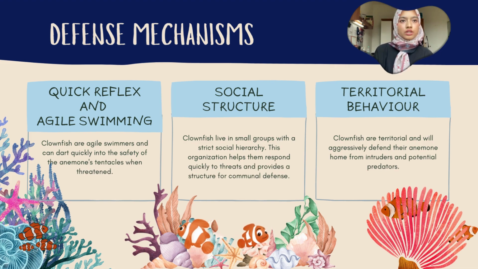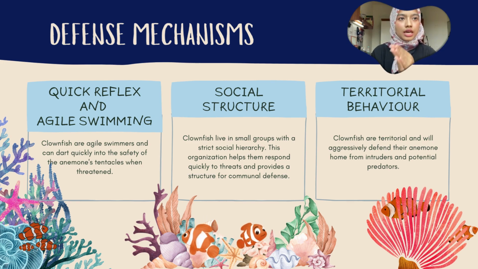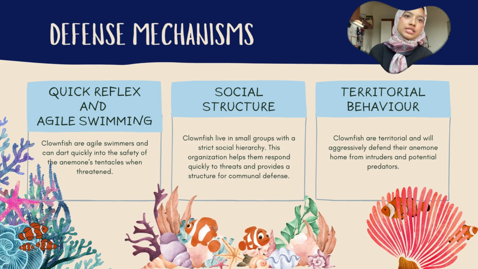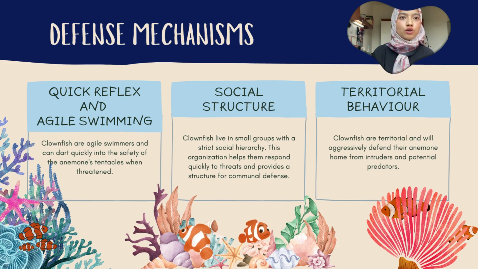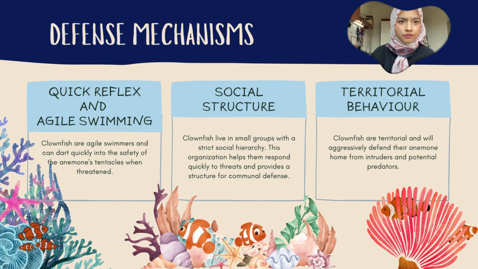The social structure of clownfish is living in small groups with a strict social hierarchy. This organization helps them respond quickly to threats and provides a structure for communal defense.